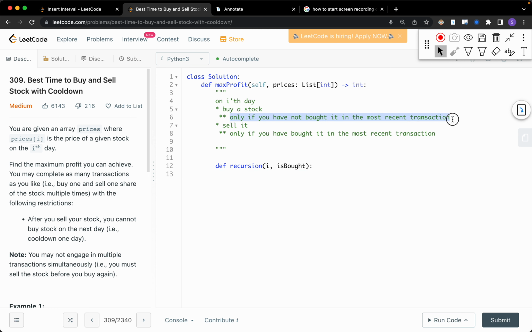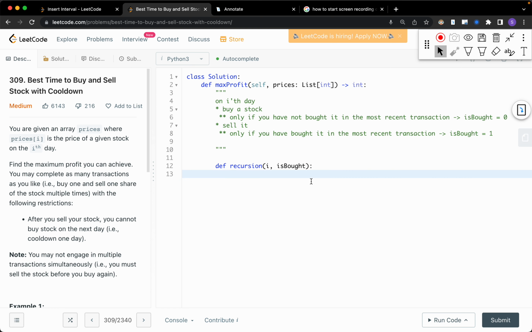So this would be the condition if our isBought is 0, right? So if our isBought is equal to 1, then we can sell it. So this would be the condition.